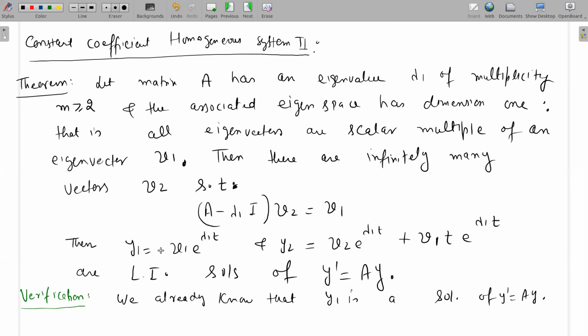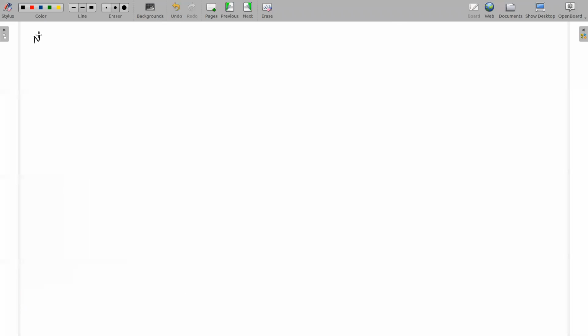So differentiate y2. Now for y2 we have y2 dash minus A y2; we compute this.